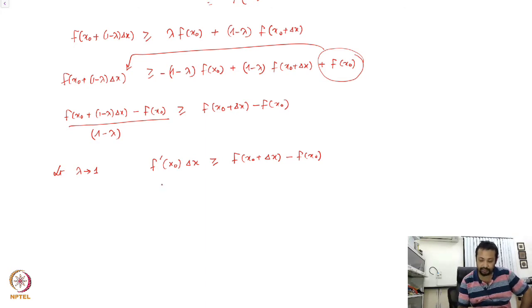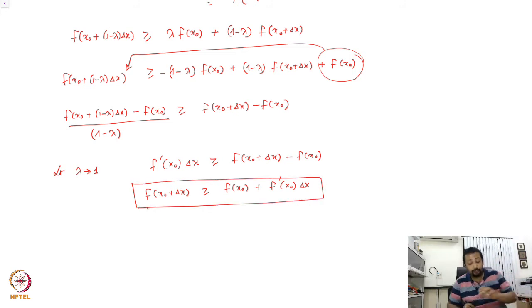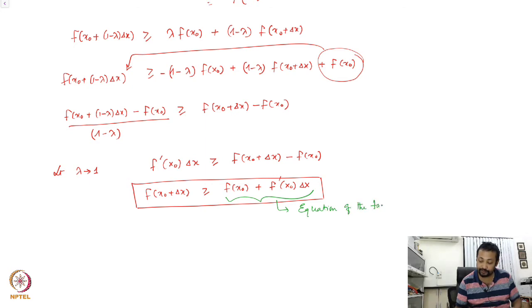I'm going to recast this equation again and write f of x naught plus delta x must be greater than f of x naught plus f dash x naught delta x. And this is the equation that we have come down to. If you look at this equation very carefully, then you will realize that the right hand side, the one that we have over here, is the equation of the tangent at x equal to x naught, right?